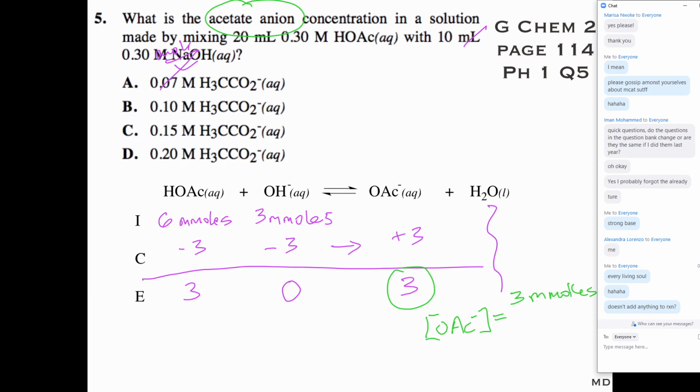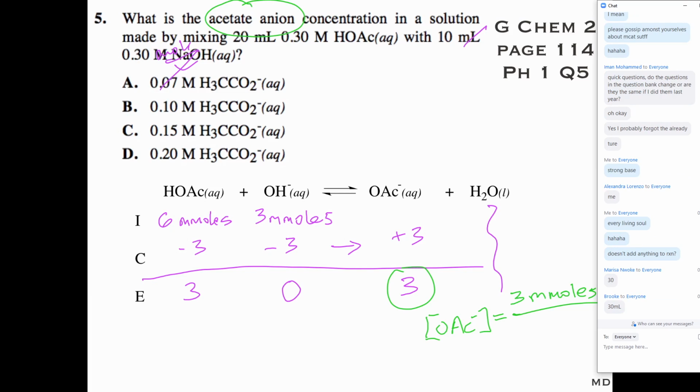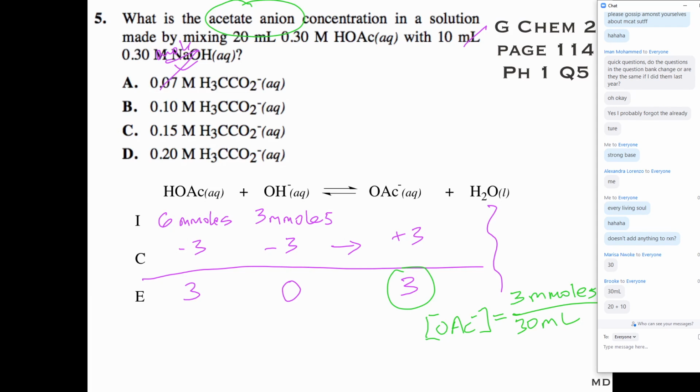That's the moles of OAc minus that formed from that reaction, divided by, what's the new volume? 30, (20 plus 10), exactly. So millis cancel, moles per liter. It's going to equal 3 over 30 molar, which is 0.1 molar.